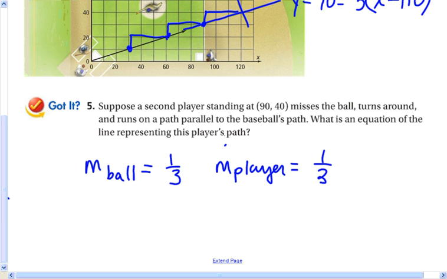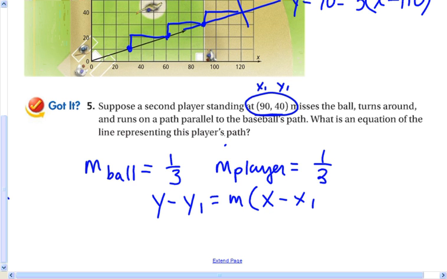And the player is standing at the point (90, 40), so we can use that to substitute for our x1 and y1 in the point-slope form. And we get y minus 40 is equal to 1/3 times the quantity x minus 90.